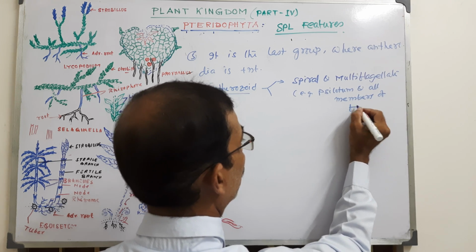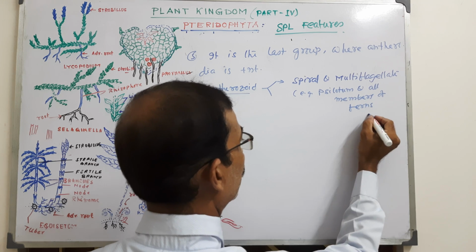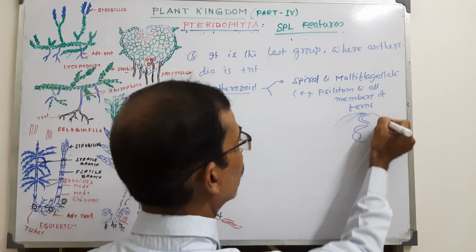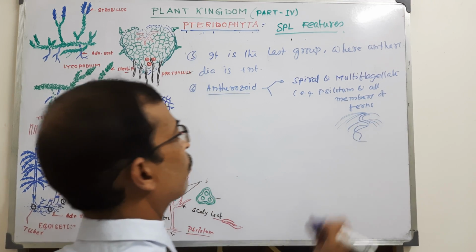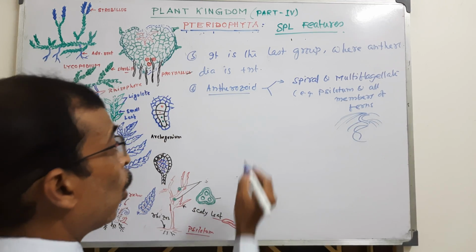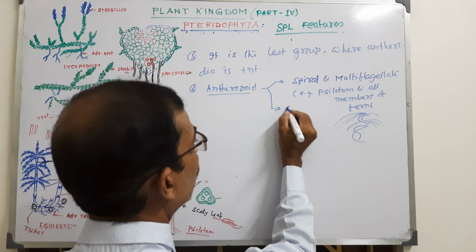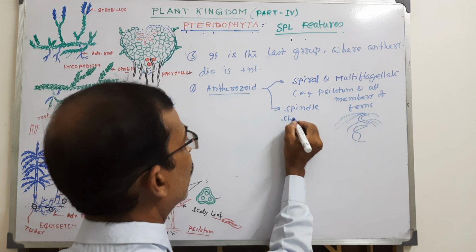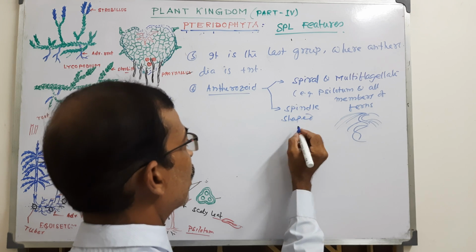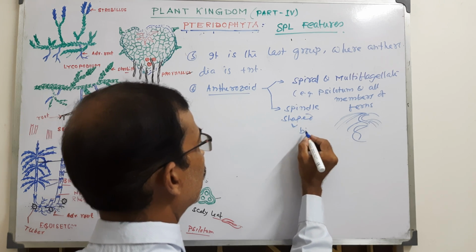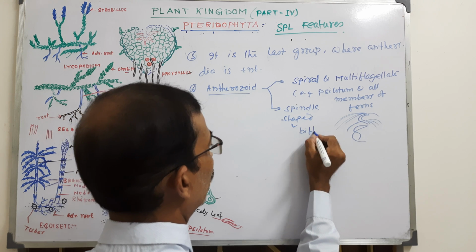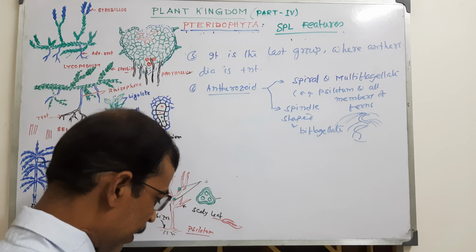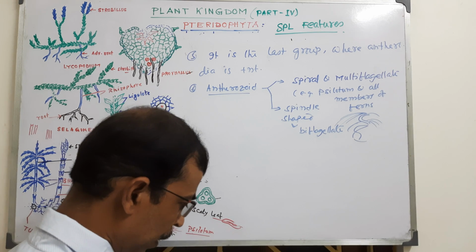that is Pteropsida ferns. Okay, look like this. This is spiral shaped flagella and many flagella, okay, many flagella. This is antherozoid, or maybe spindle shaped and biflagellate, as in Selaginella and Lycopodium.